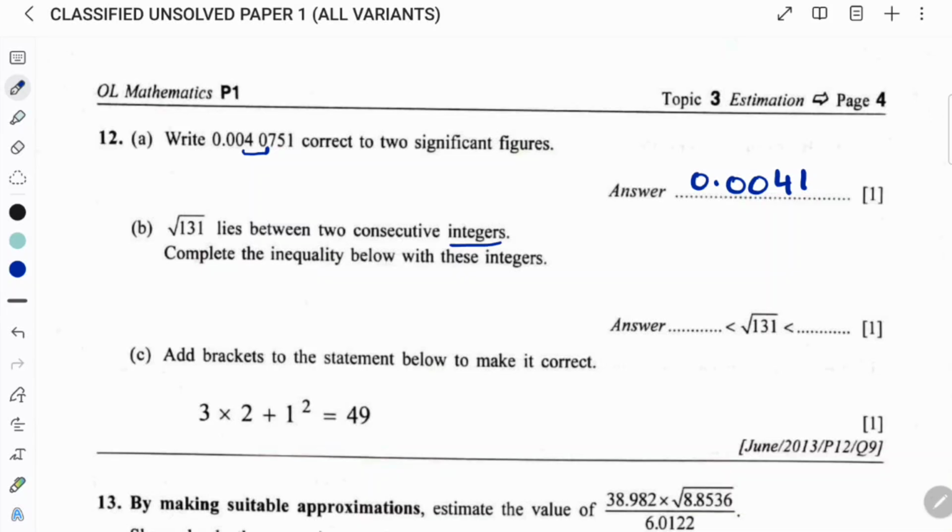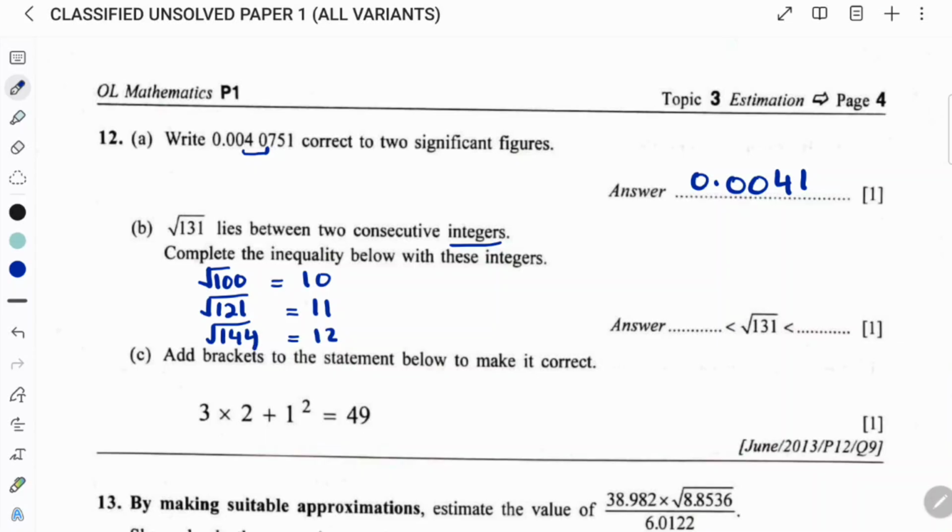Complete the inequality below with these integers. We know the square root of 100 is the integer 10, and after 10 we have 11. 121 is 11 squared, and the next number is 12, which is the square root of 144.